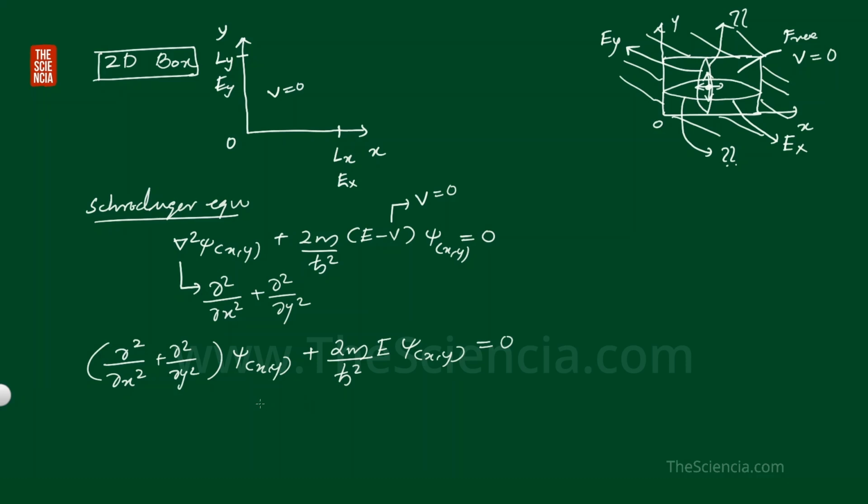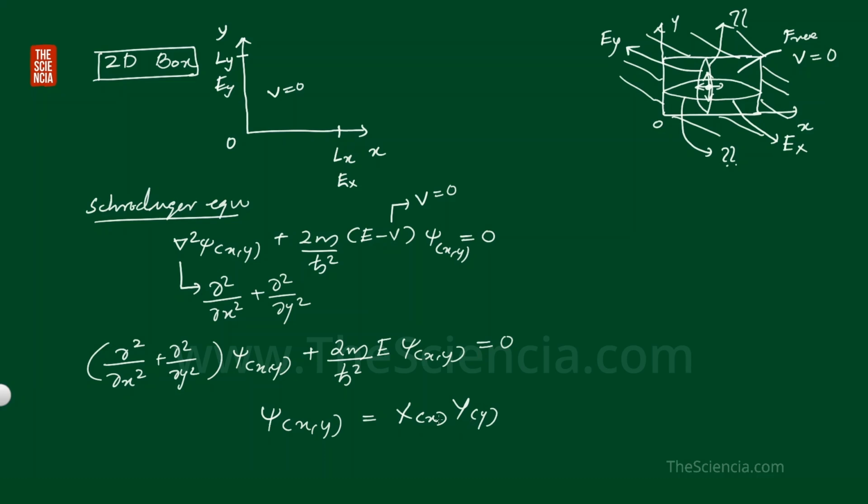Here, to solve this equation and make the solution simpler, I am doing one mathematical manipulation. I am going to represent this psi of xy, which means the wave function is a combination of x and y, by separating it into two components. One component contains only the x coordinate and the other component contains only the y coordinate.